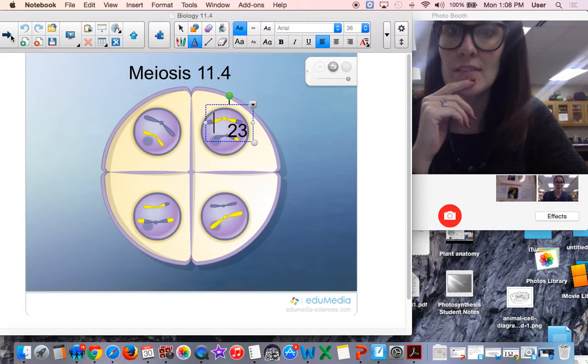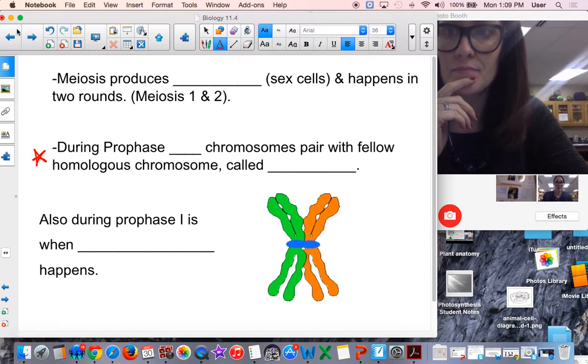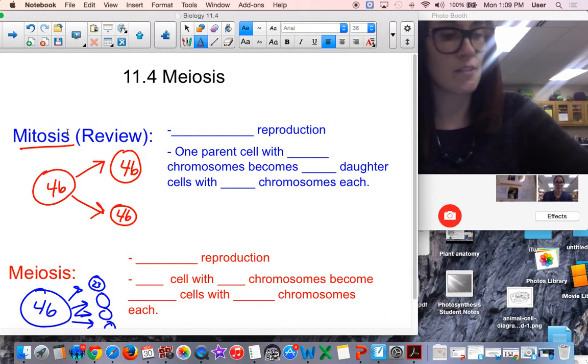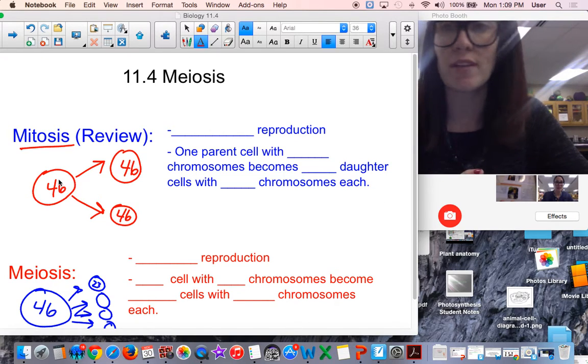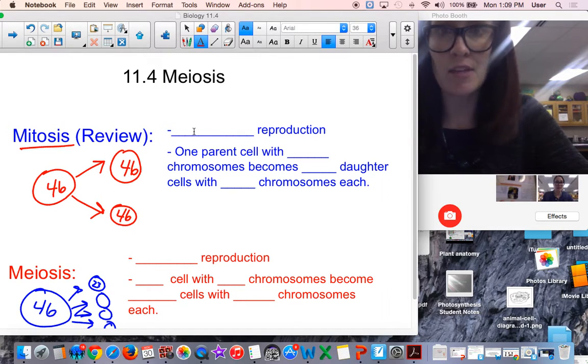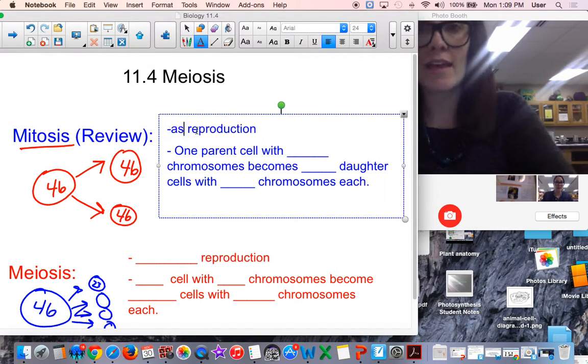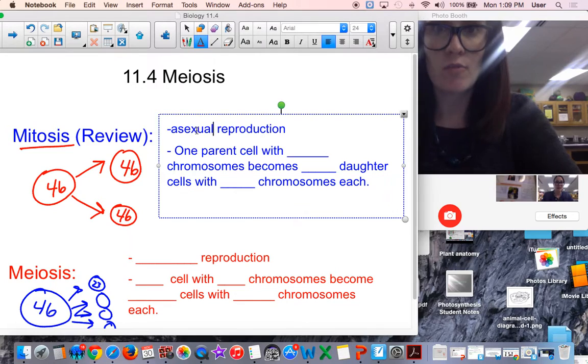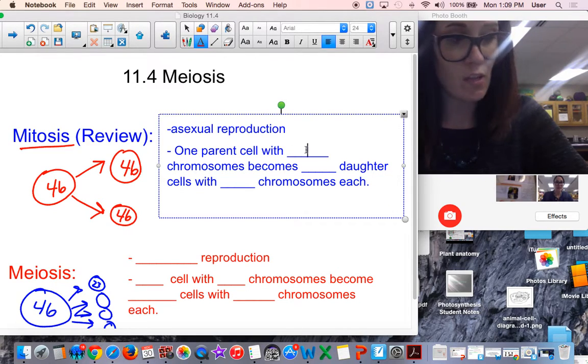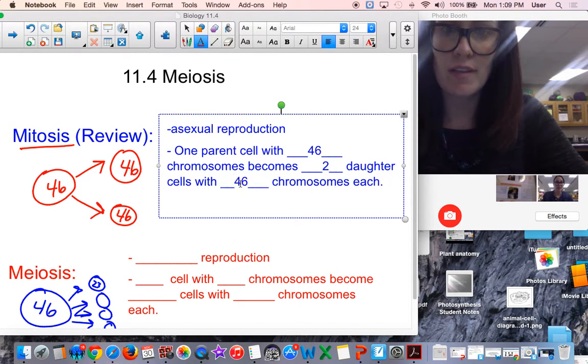Okay, it's meiosis. So a little review here. Mitosis, you can go ahead and draw this, starts out with one cell with 46 chromosomes, splitting into two cells that are genetically identical, each with 46 chromosomes. This is asexual reproduction. One parent cell with 46 chromosomes becomes two daughter cells, with 46 chromosomes each.